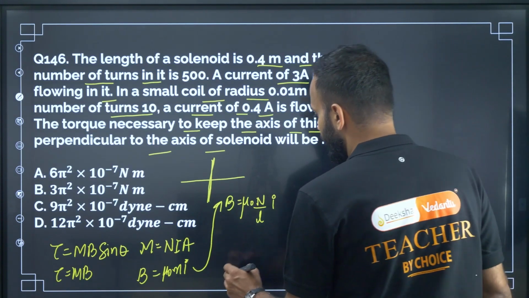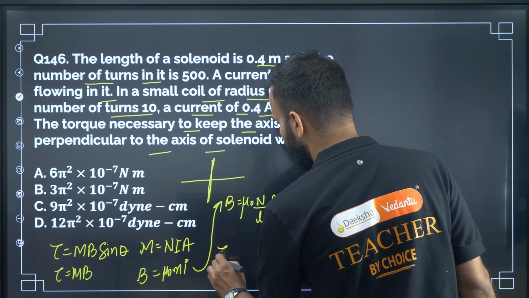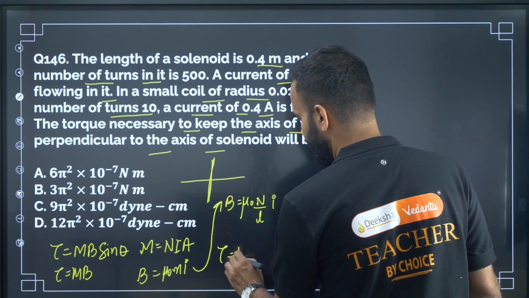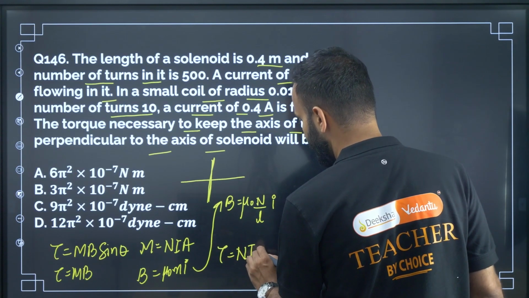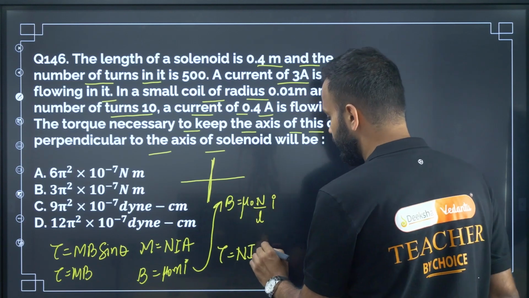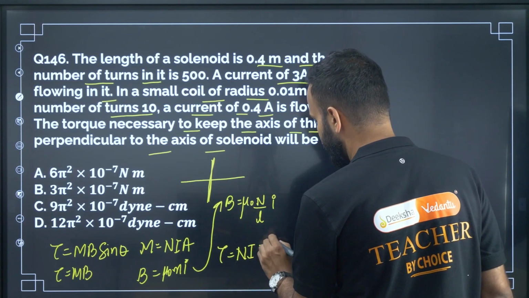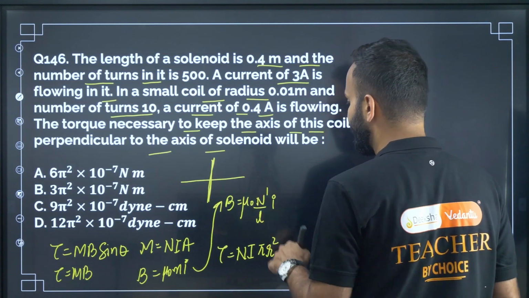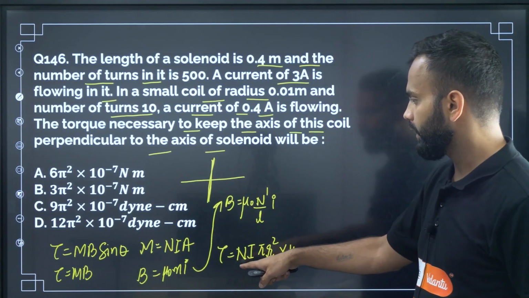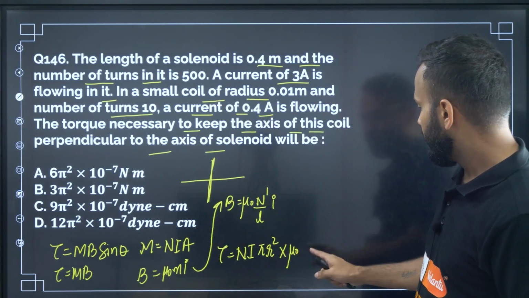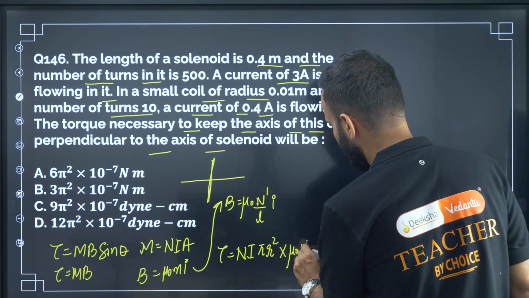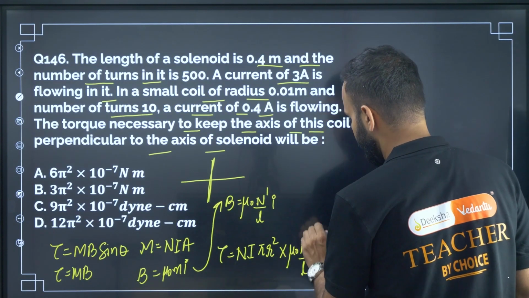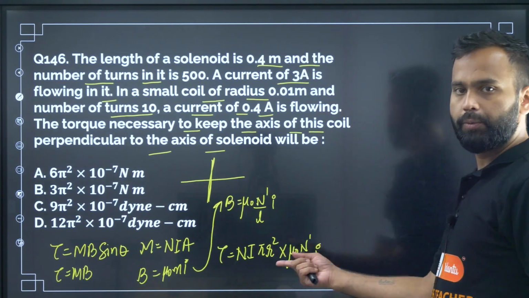Now here torque tau is equal to N into I into A. A is the area of the coil, that is pi into r square, into mu naught into here N dash. N is already taken for the small coil, so here N dash divided by L into I. Now substitute the values.